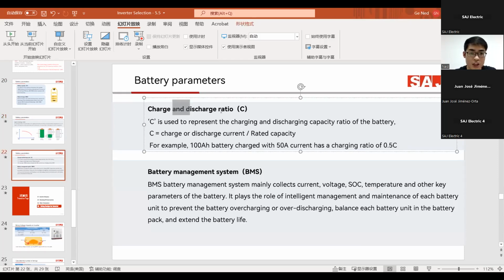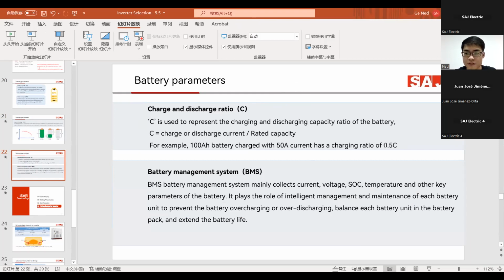Then is the charge and discharge rate. You often see charging at 1C speed. 1C means your battery is labeled 100 ampere hour, so the charging or discharging current is 100 ampere.